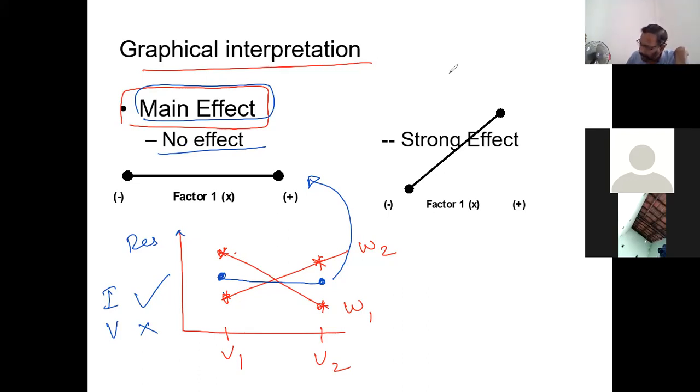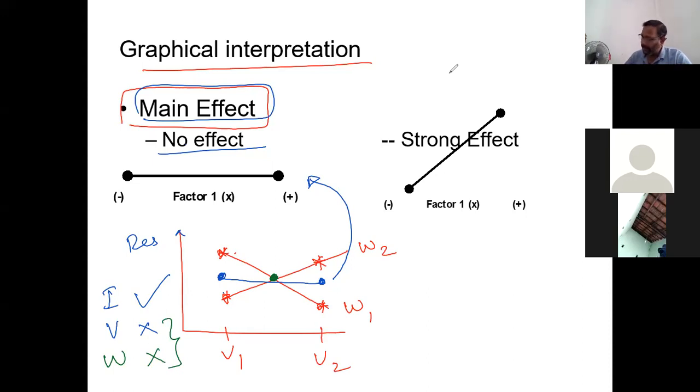What is the average of W1? It is somewhere there. The average of W2, again, it is somewhere there. So the main effect of the other factor is also not present. Actually, this situation we call masking, but don't worry about that. So here, no main effects, but there's an interaction.